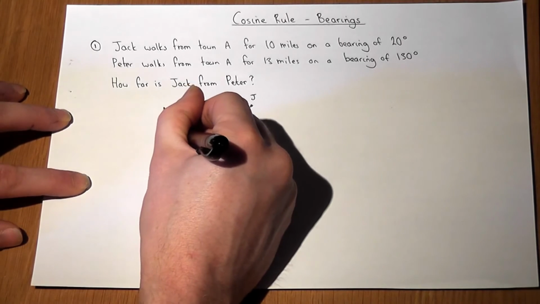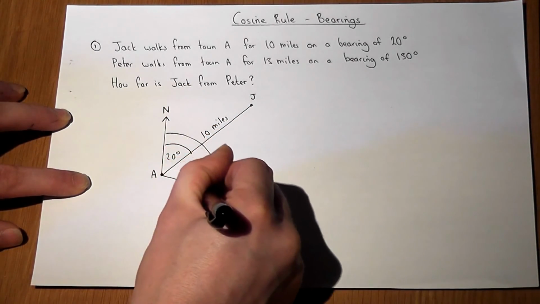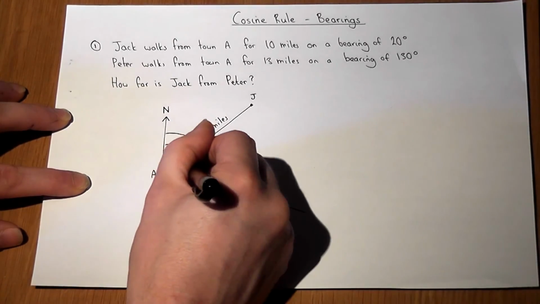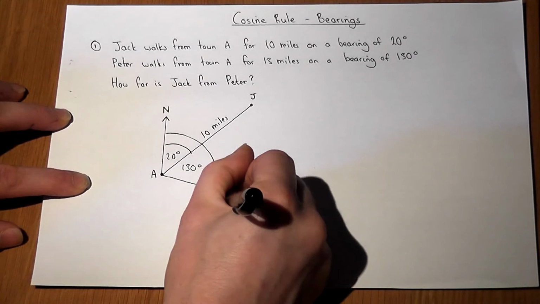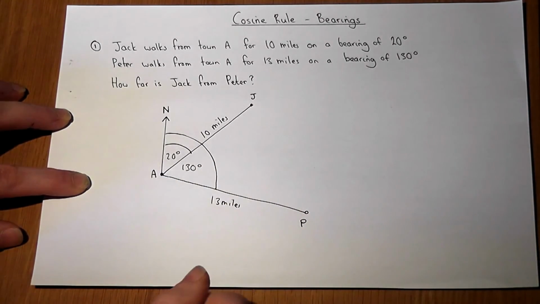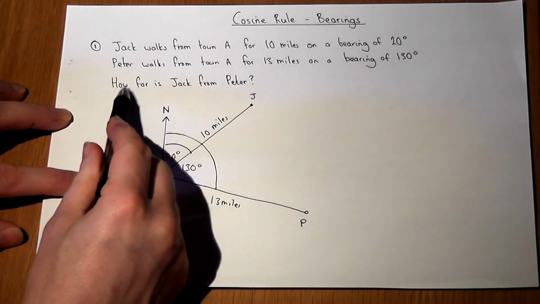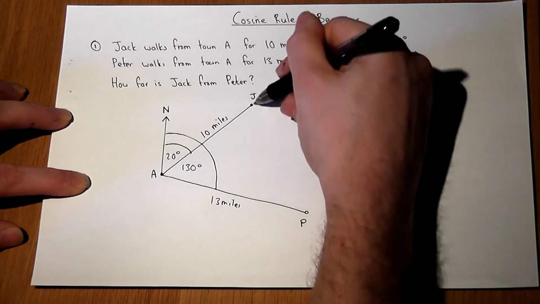So the full angle, it's 90, a bit more, is 130. That's the entire angle round. 13 miles. So here is Peter over there somewhere. And the question is how far is Jack from Peter? So we want that distance there.